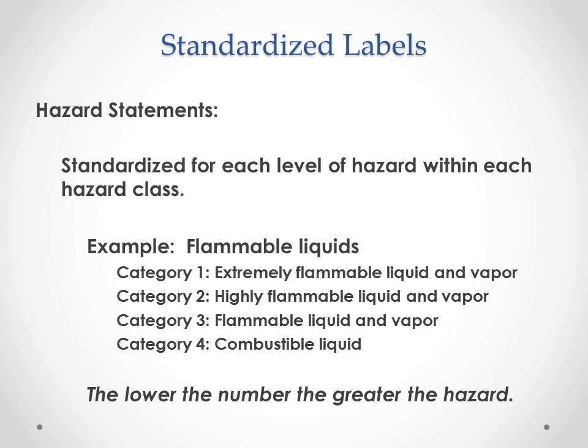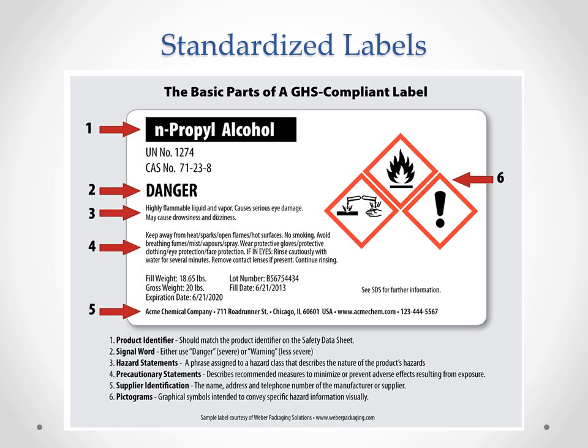It is important to note that with this system, the lower the number, the greater the severity of the hazard. In other words, number 1 is the most dangerous, number 4 is the least. This is opposite of other industry numbering systems, such as HMIS, that some manufacturers up till now have voluntarily been putting on their MSDSs. They can still do that, but they're also required to use this new numbering system.